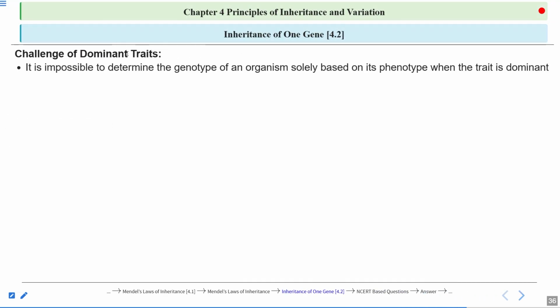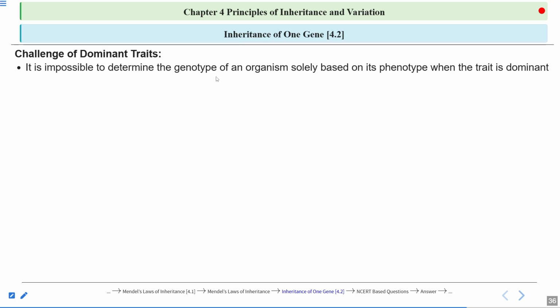Okay, now what was the challenge with the dominant traits? So let's understand. We'll talk about the test cross here. Now you can see in the F1 generation, a heterozygous condition was observed, capital T and small t, and the phenotype was tall. Now how do we determine the genotype of this tall individual, whether capital T capital T or capital T small t?